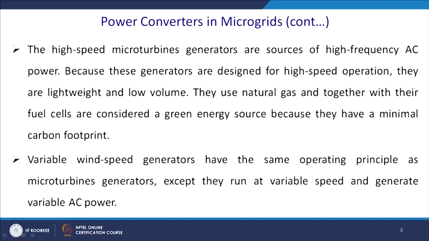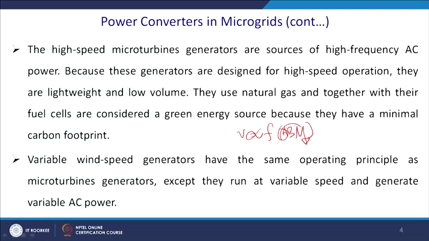They are lightweight and low volume, since you know that essentially V is proportional to F. The other part that comes into the picture is B and N, which can be reduced. Mainly A is the area, B is the flux density, which depends on the material, and N is the number of turns.